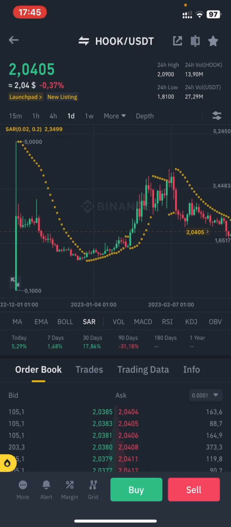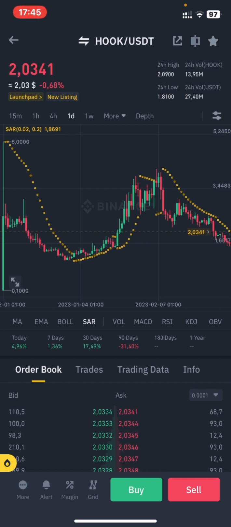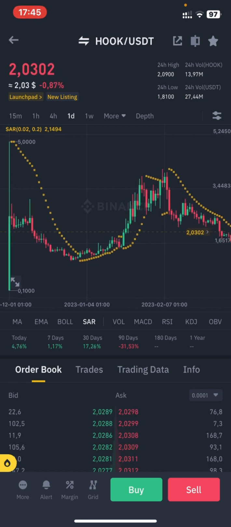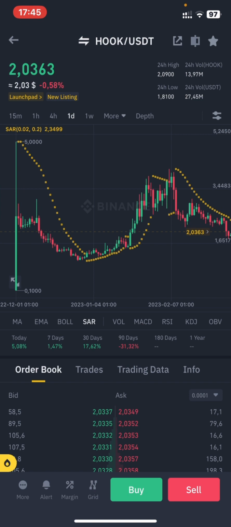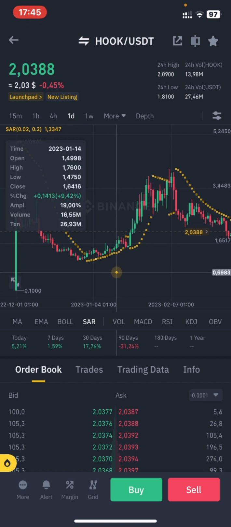This indicator predicts that the price is in downtrend. If this coin were on futures, people would be selling this coin immediately and they would make a lot of profit with this sign over here. And once this indicator gives you a buy option over here, then you can enter to buy this token right here.